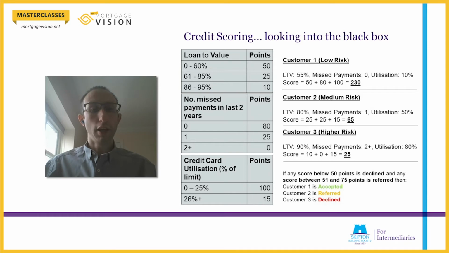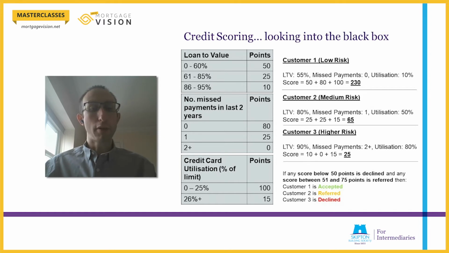So I'll talk you through the variables. So loan to value, this has been split into 3 different bandings: 0 to 60, 61 to 85, and 86 to 95%. And they've been allocated points depending on how risky they are in conjunction with the other variables in the scorecard. So in this instance, you get the most points for 0 to 60, and you get the fewest points for 86 to 95, in line with the level of risk.